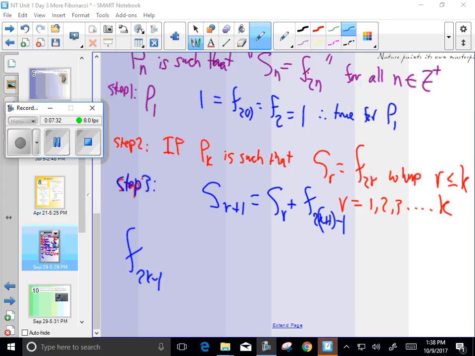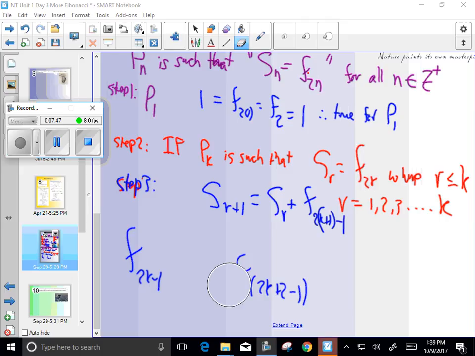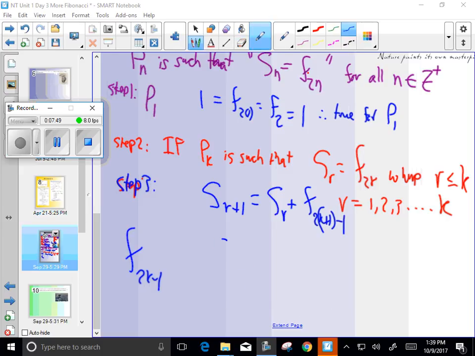What will the next one be? We increase this by 1. So it'll be whatever the previous sum was plus the next term. So what is f of 2k plus 2 minus 1? What is that? 2k what? There you go. And so this is going to be, just a second, S of k plus 1 equal S of k plus f of 2k plus 1.